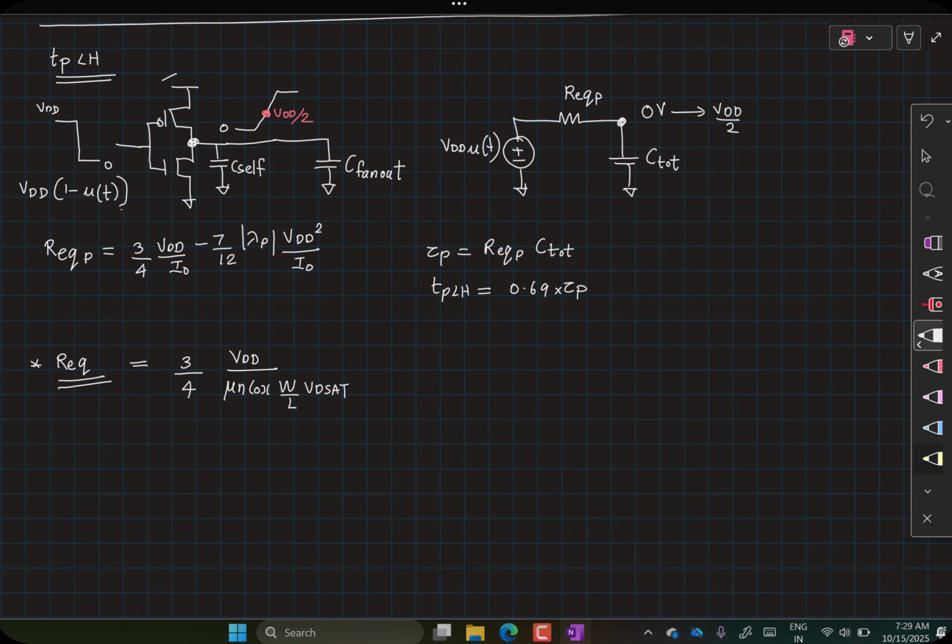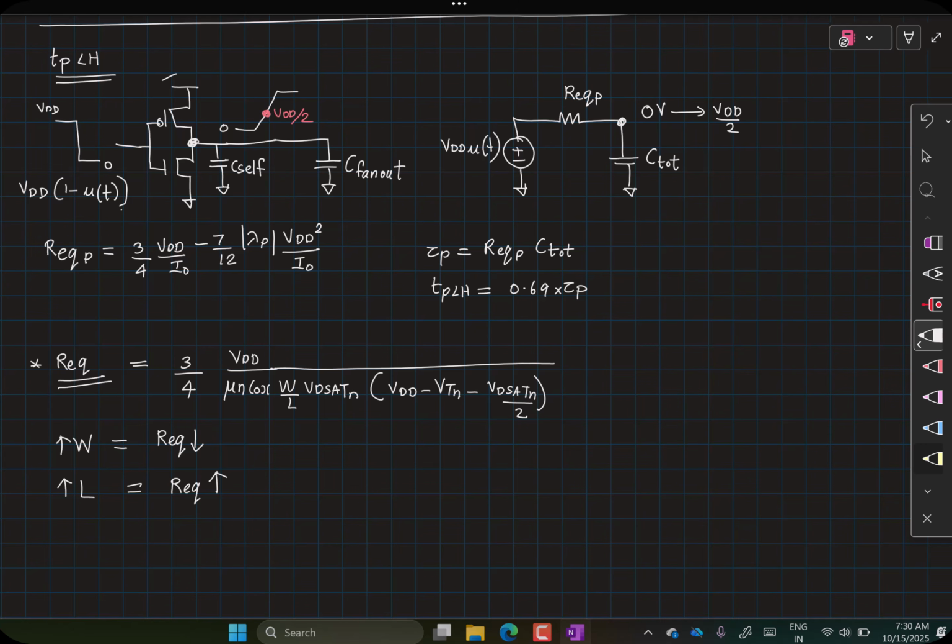So I'll assume an NMOS transistor for now, VD sat n into VDD minus VTN minus VD sat n by 2. Right? Now, as you can clearly see, when you increase the width of the transistor, your R equivalent N is going to reduce. Similarly, when you increase the length of the transistor, the R equivalent is going to increase.